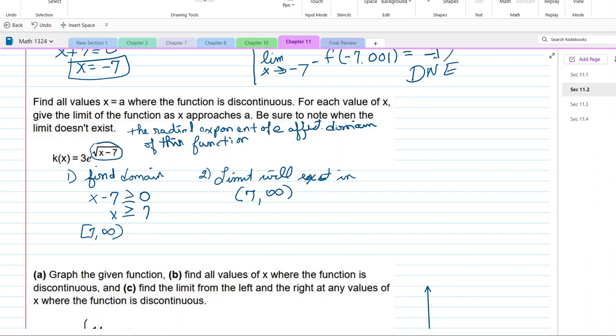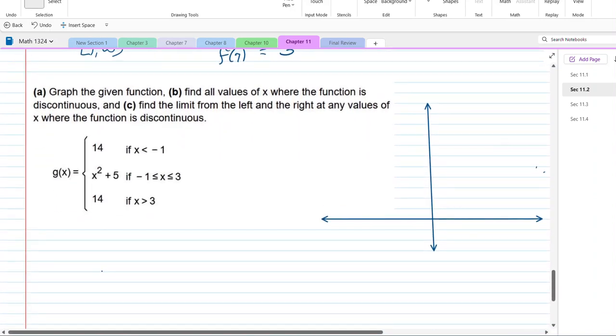So if we do put a 7, we then have 3e to 0, square root of 0, which is 3. So it exists at the point, it is continuous at every point in between, and that's all we have to do. So we know it is in this realm that a limit can exist. Cannot exist at 7. Okay, good. So let's look at a piecewise.